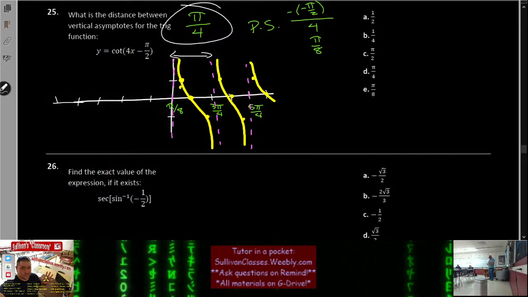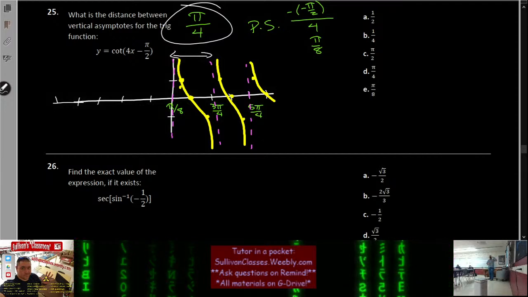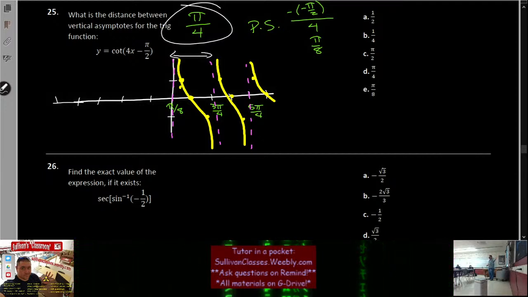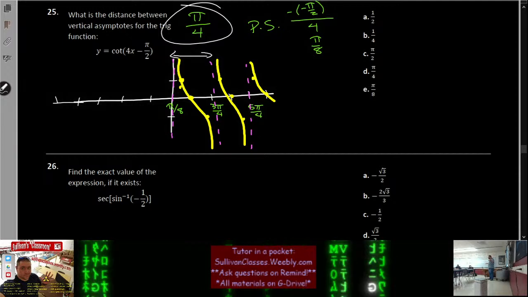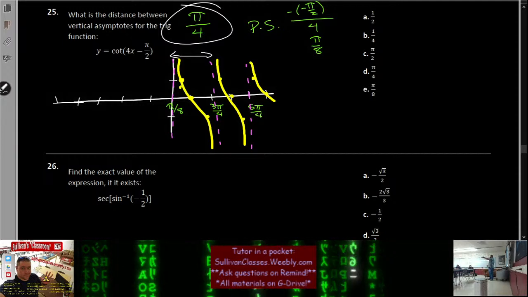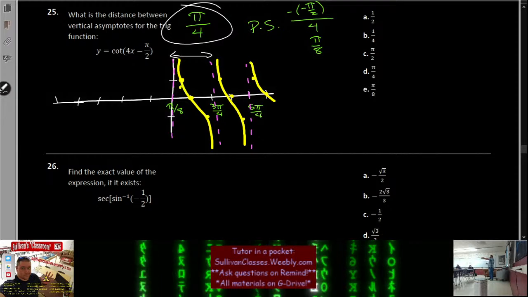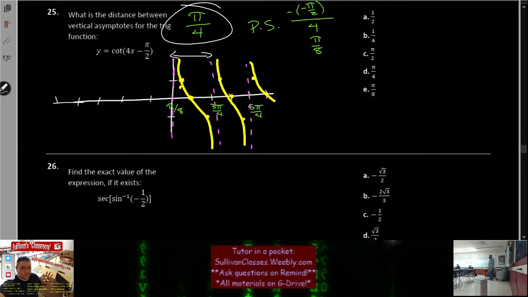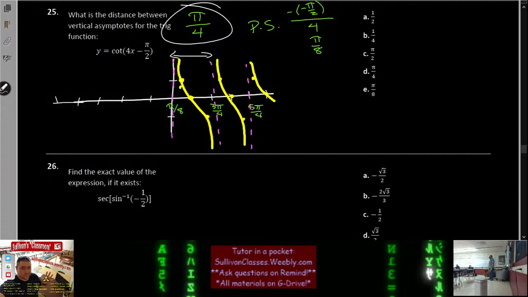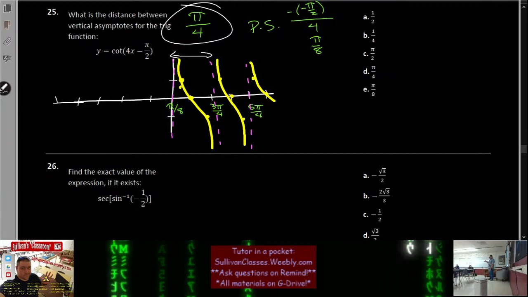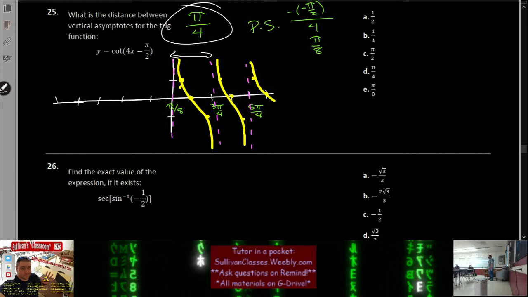Now, if you're not going to sketch out the graph, because again, I don't know which feature I'm asking for on the final, or which version of the final. Like yours might say, what's the distance between asymptotes? Yours might say, what coordinate is midway between the x-intercept and the asymptote?